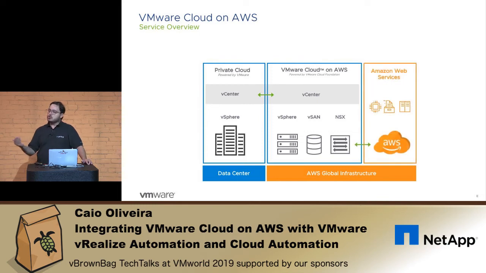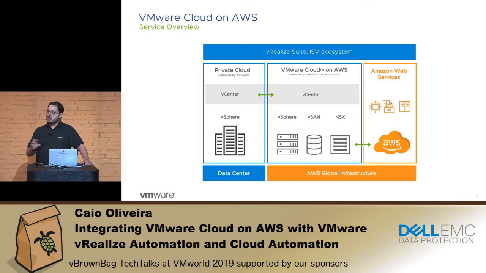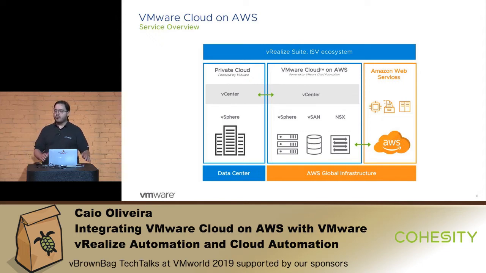And we also created an integration with the AWS native VPC, so I can have connectivity between my workloads, my VMs that are running inside the SDDC, and AWS services. Of course, all of our ecosystem and also our solutions like the vRealize suite work seamlessly in both environments, okay?